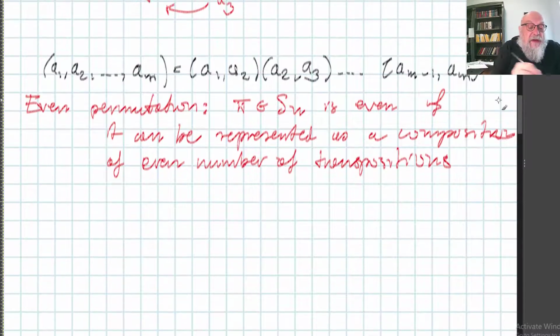So we have this notion. Of course, in the same way we can say odd permutation.